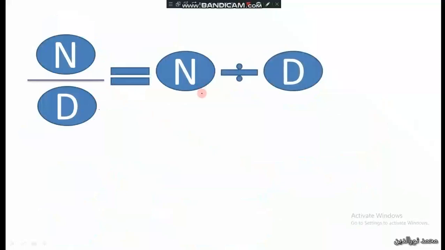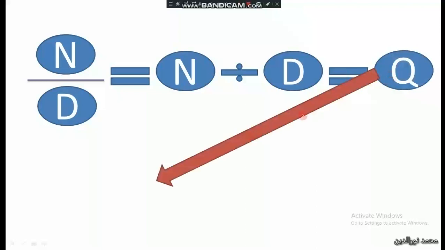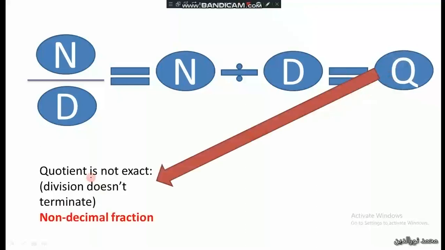So here we have n over d, numerator over denominator. If I divide the numerator by the denominator, the quotient will come out. So I have two possibilities. The quotient is not exact, or we can say the division does not terminate. Then this fraction n over d is a non-decimal fraction.